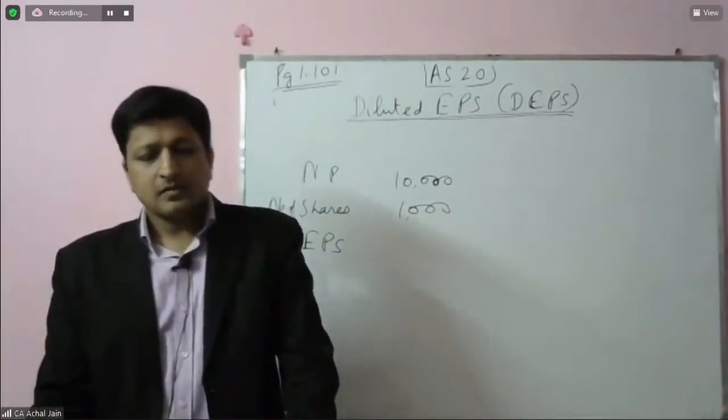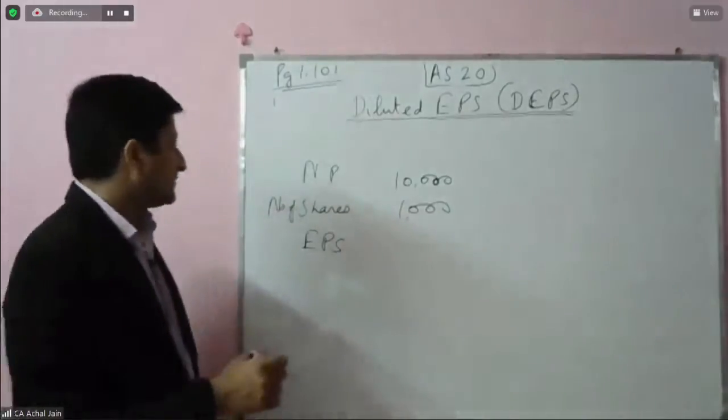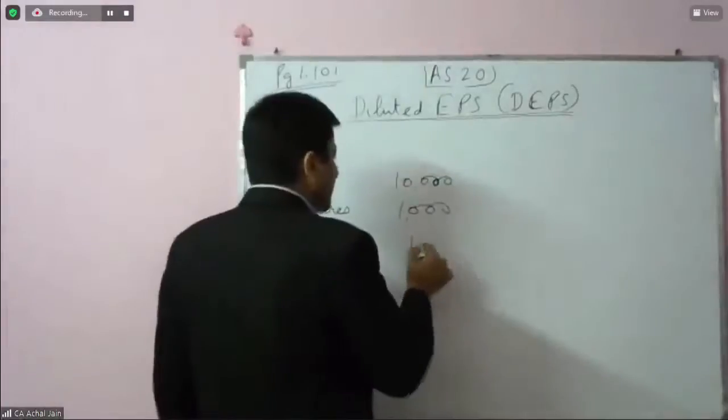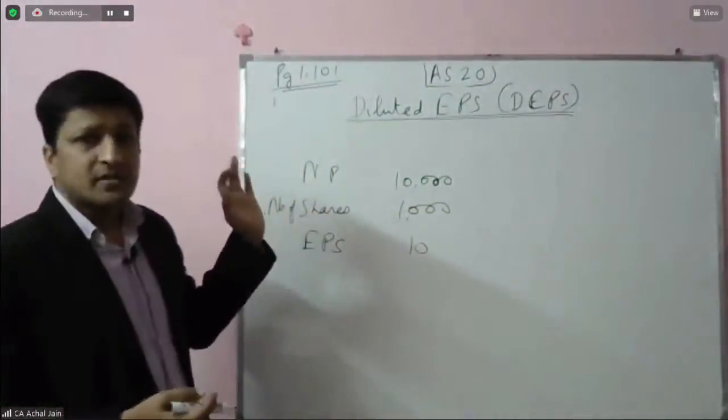Okay, great. So Kamal, Gilbert, Sushil, they are saying it should be rupees 10. Manish is saying 10. Very good. It will be 10. How do you compute this? Net profit divided by weighted average number of shares.